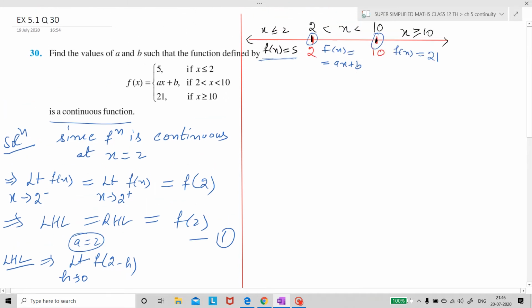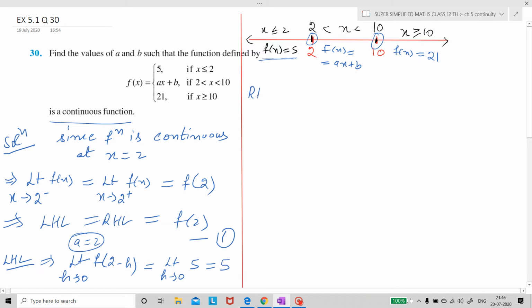To the left of 2, on this side, f(x) is 5. So the value of f(2 minus h) will remain 5 only. Now the limit of a constant is the same as that constant, and hence this is 5 only. So the left hand limit of the function at the point 2 is 5.